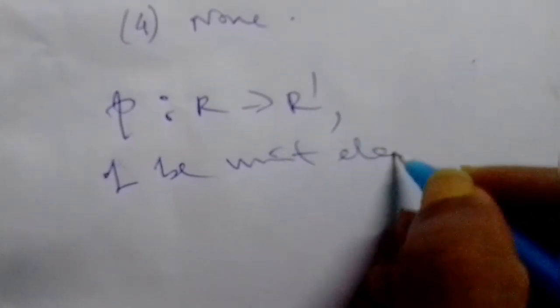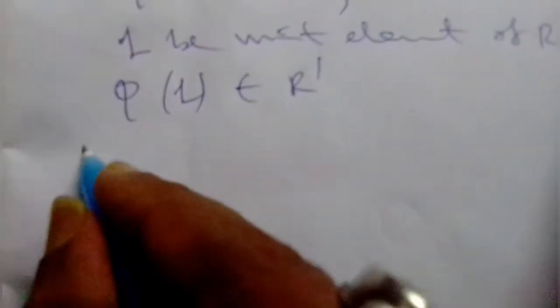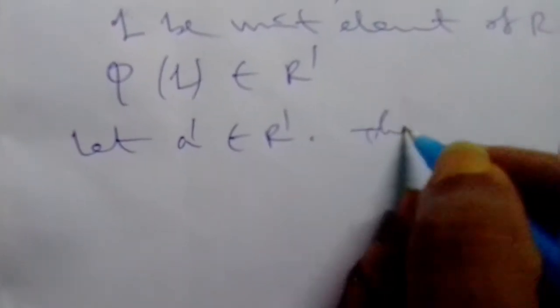element of R, then obviously phi of 1 belongs to R dash, it's clear. And let us choose an element a dash belonging to R dash, then a dash is phi of a for some element a belonging to R. Then phi of 1 times a dash is phi of 1 times phi of a, and by the homomorphic property, that is phi of 1 times a, and obviously it is phi of a, and phi of a means a dash.